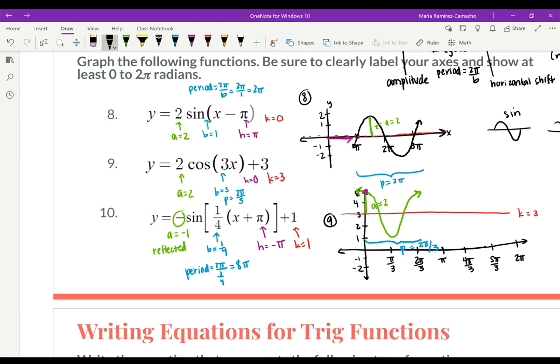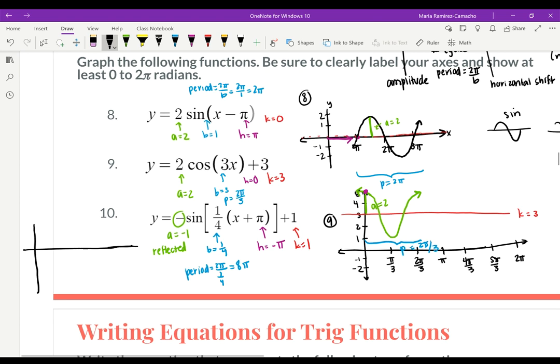So I'll do that over to the left. Let's see, pi, 2 pi, 3 pi, 4, 5, 6, 7 pi, 8 pi, and in the other direction, negative pi.